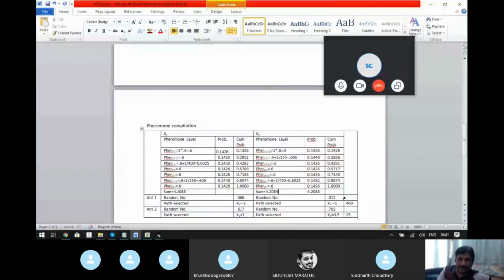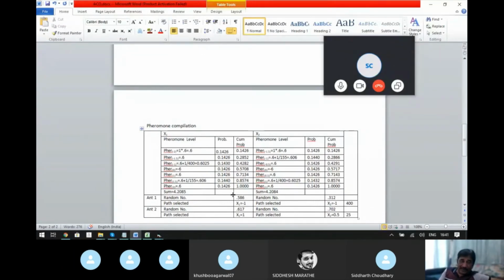By dividing all the pheromone levels by the total pheromone level, we get the probabilities, and from that we get cumulative probabilities.